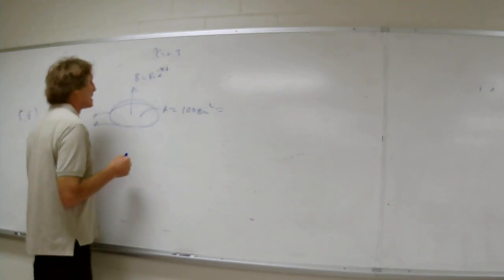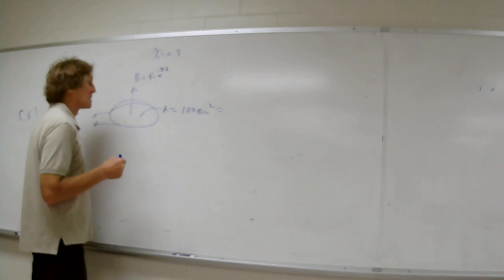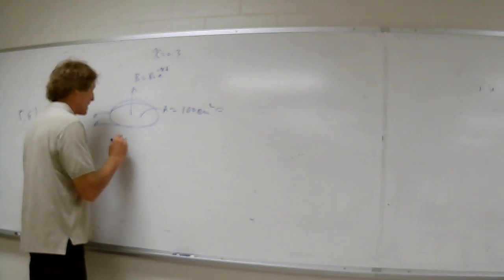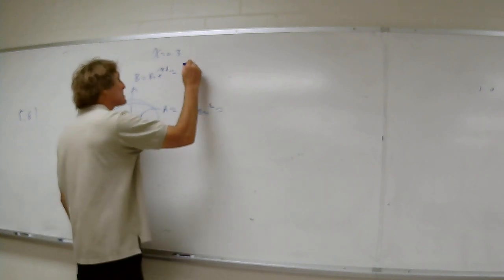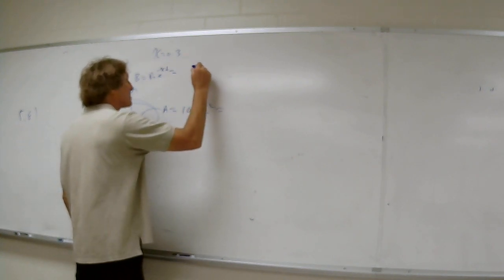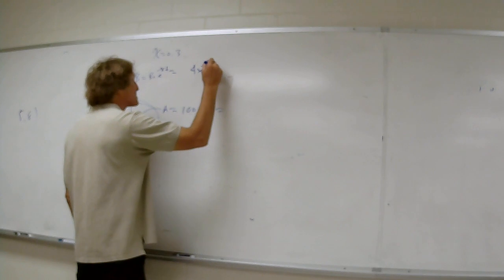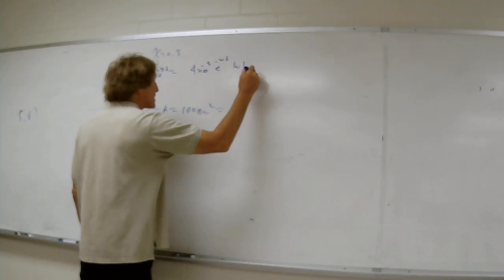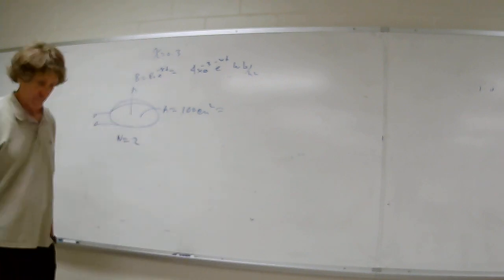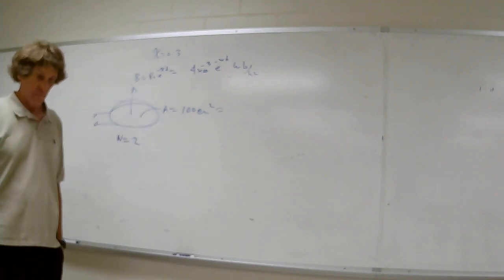Okay. And then B naught is also 4 milliwebers per meter squared. All right, N is 2, and so this is 4 times 10 to the minus third, and this is going to be e to the minus chi t webers per meter squared. Go ahead. It says determine VR at 1, 10, and 100 seconds.